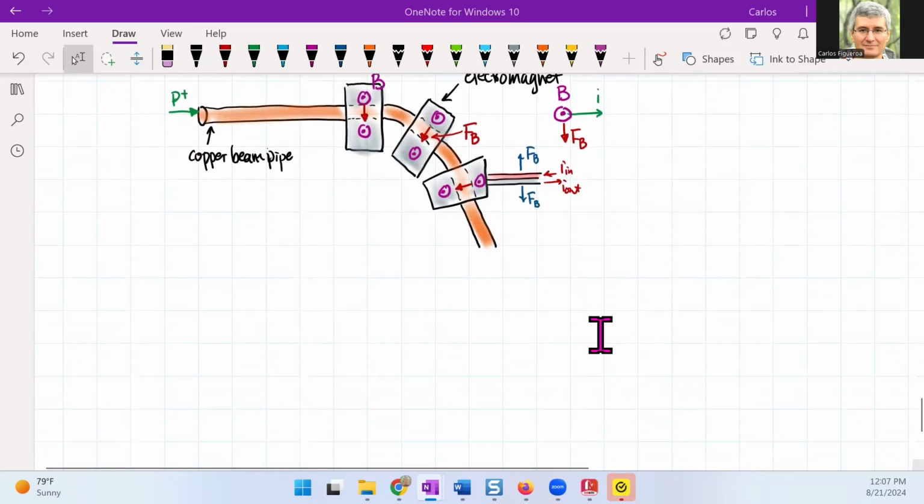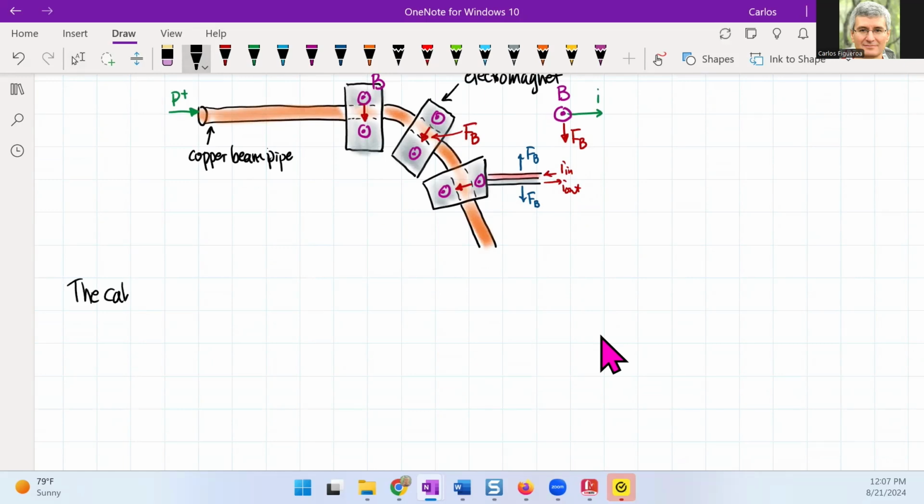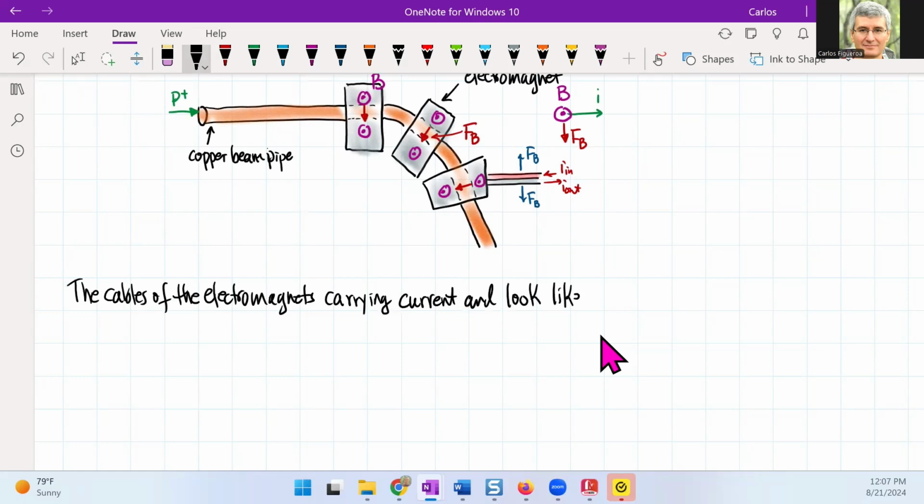And so the cables of the electromagnets carry current, and look like this.